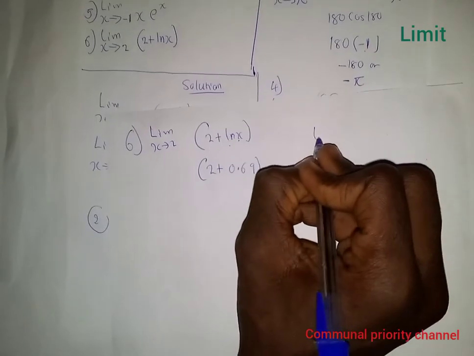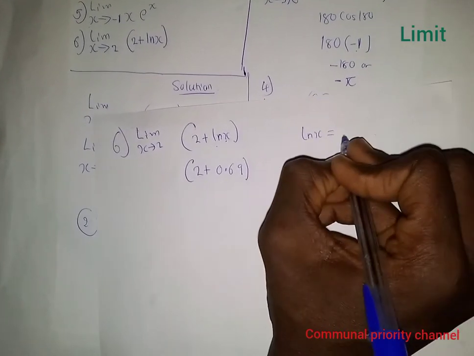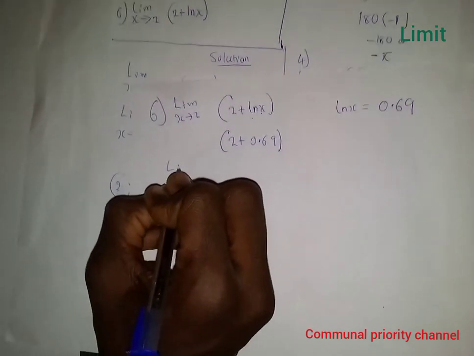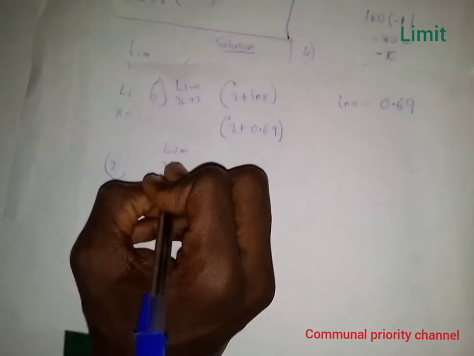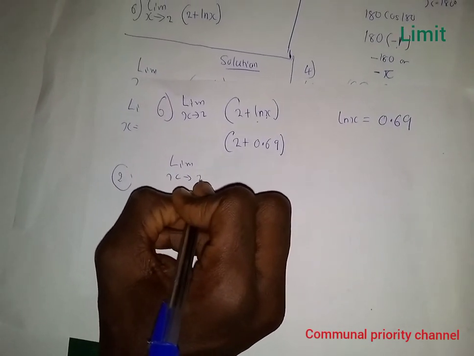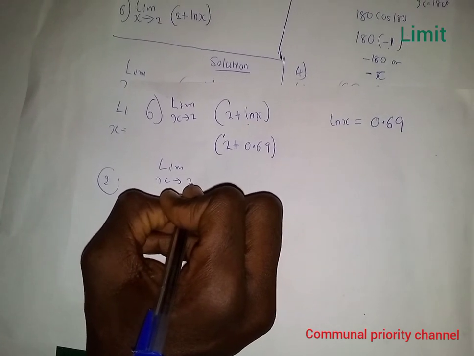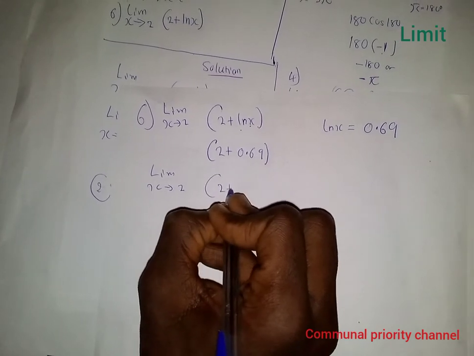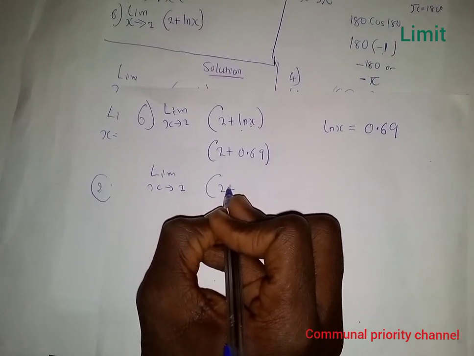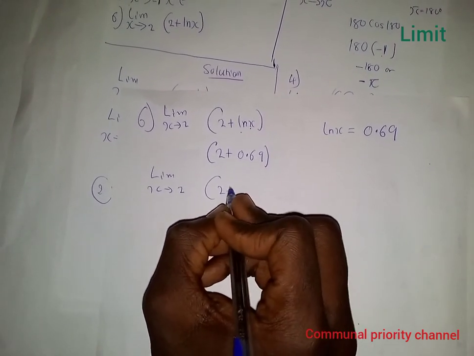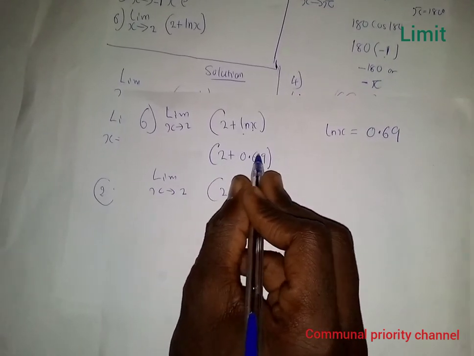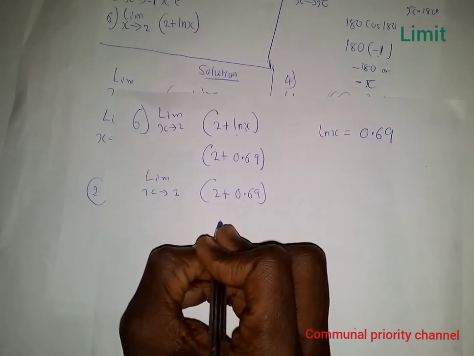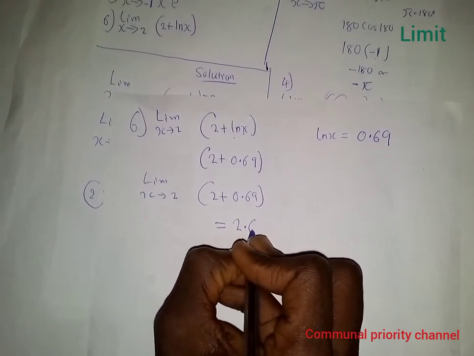So now our limit as x approaches 2 will be 2 plus 0.69, which is the final answer, 2.69.